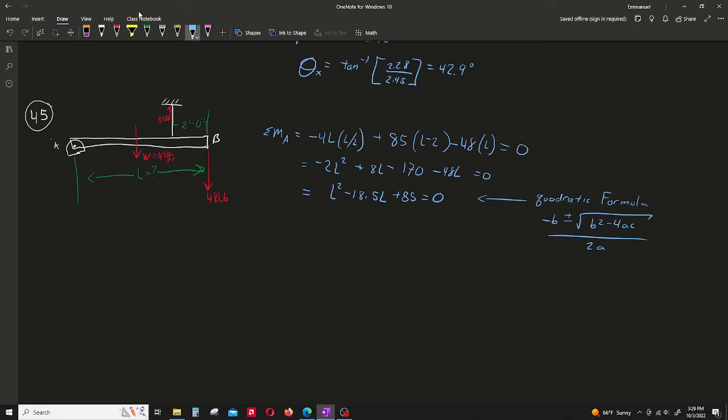Once we do that, we can easily solve for our L value. L is going to equal 10 feet, or it's going to equal 8.5 feet, and I don't know which one in this case.